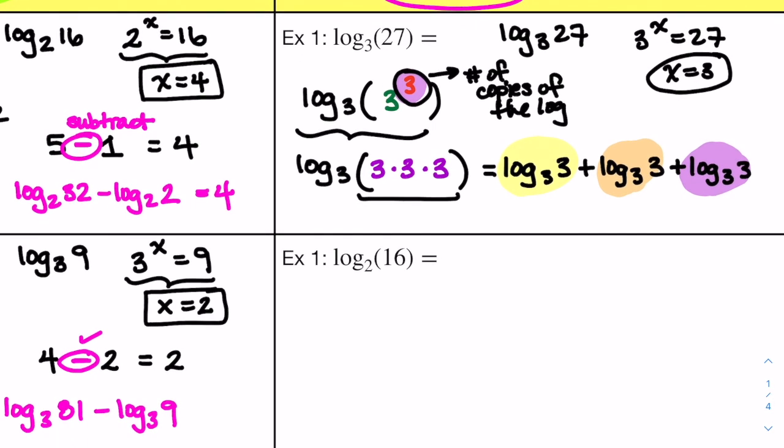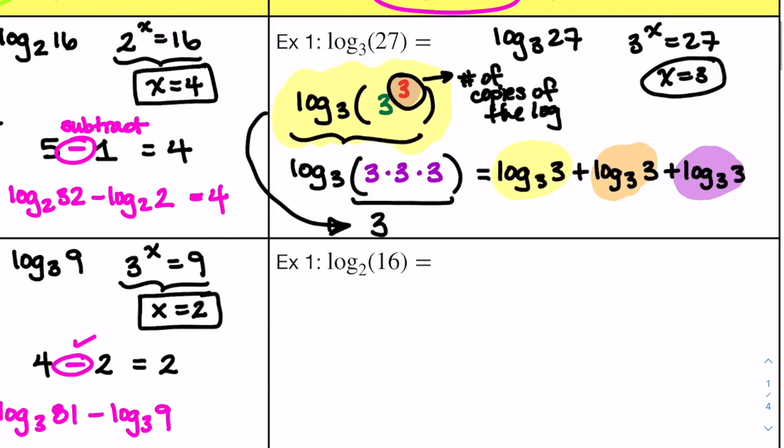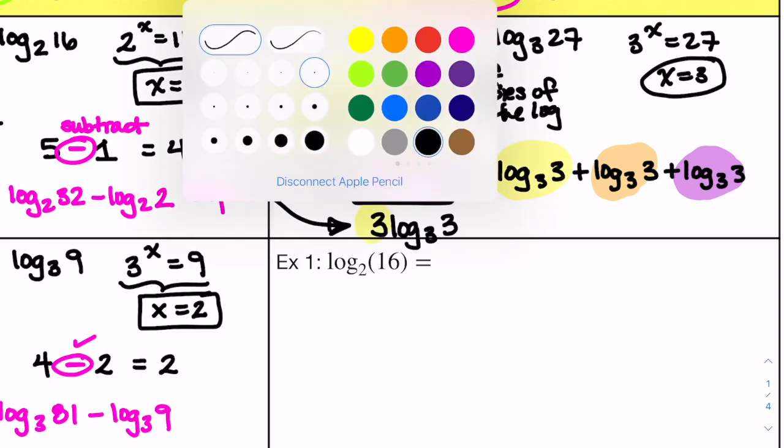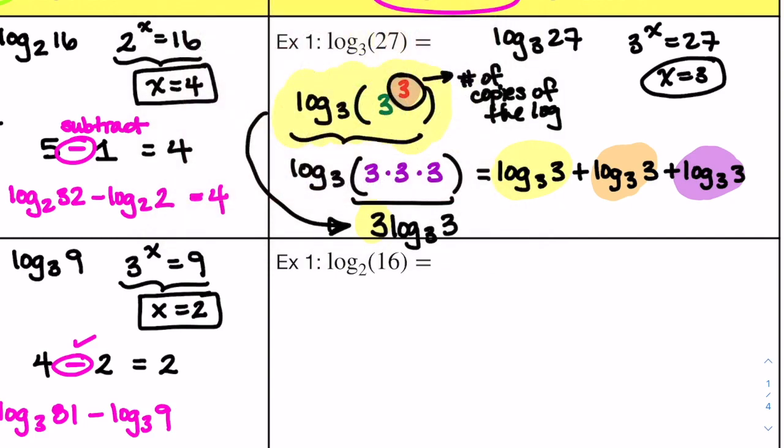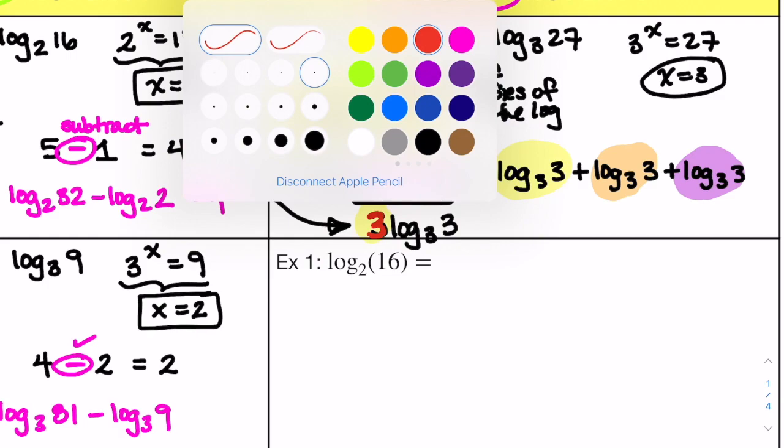So let's see. From the beginning, we could have written this as 3 log base 3 of 3. So notice that I moved that exponent here. It might help if I wrote it in red. So that's the red 3.